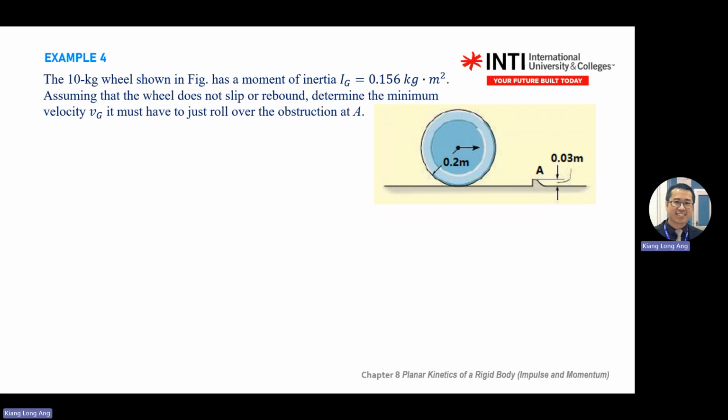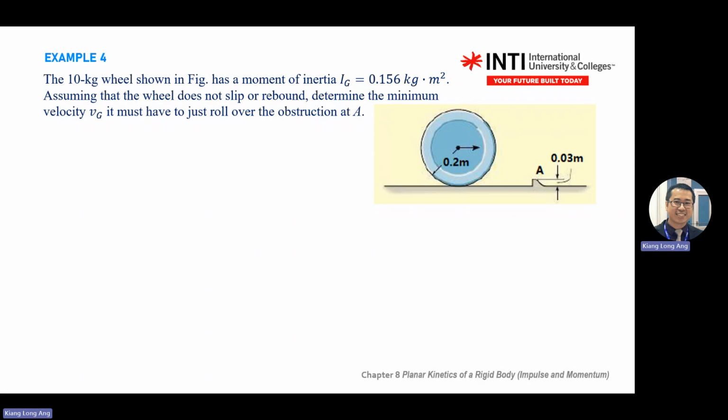In a question for a final exam, you'll see mass, and it'll give you a statement, find something. Assume wheel doesn't slip or remount. There's a slide mentioned about this on the friction force, whether it's conservative or non-conservative.